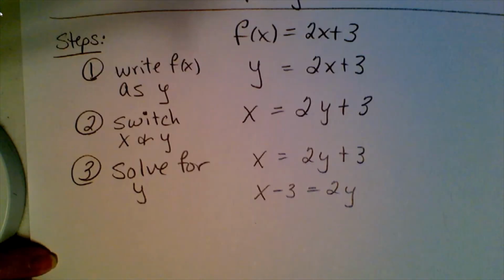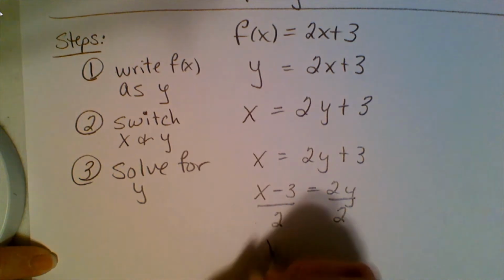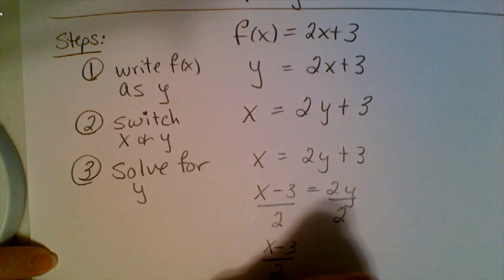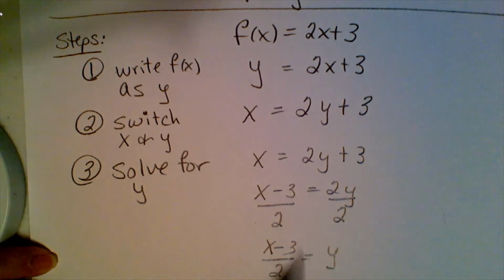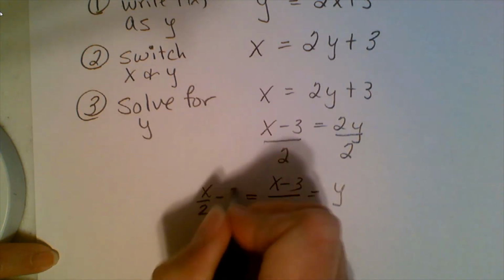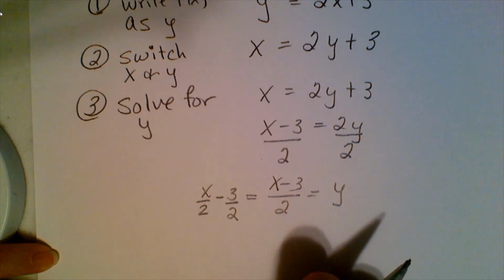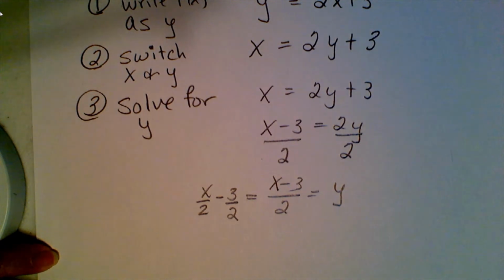We would then divide by 2. And depending upon the course that you're taking, you may have to split that up. So I'll write it just in case, because it is an important fact that you really should know that 2 does get distributed to those two things.